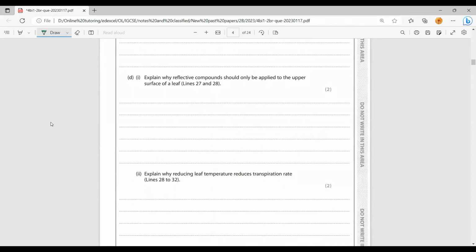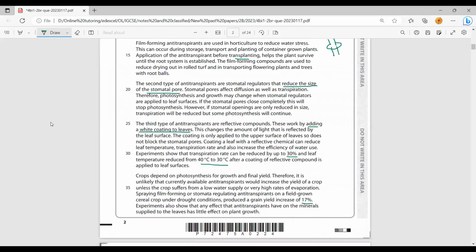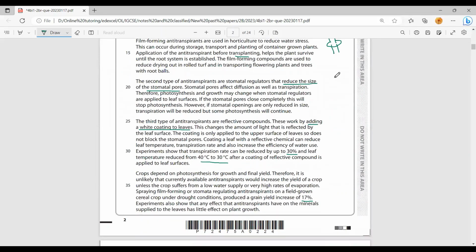Okay, explain why reflective compounds should only be applied to the upper surface of the leaf in line 27 and 28. And the question will go to Abdulrahman Saeed. 27 to 28. Reflective compounds.